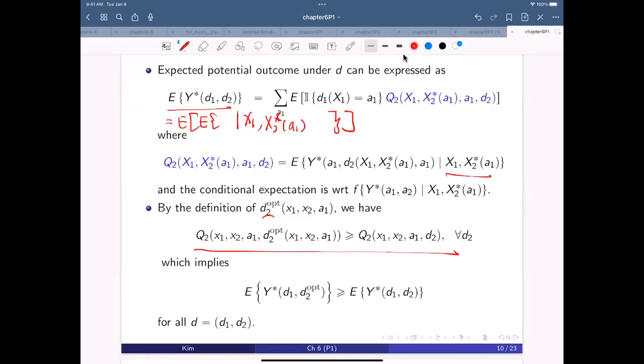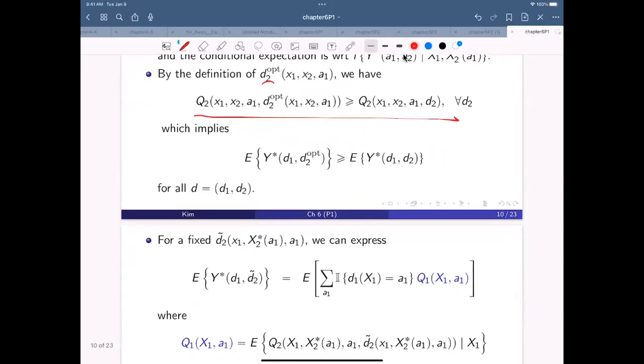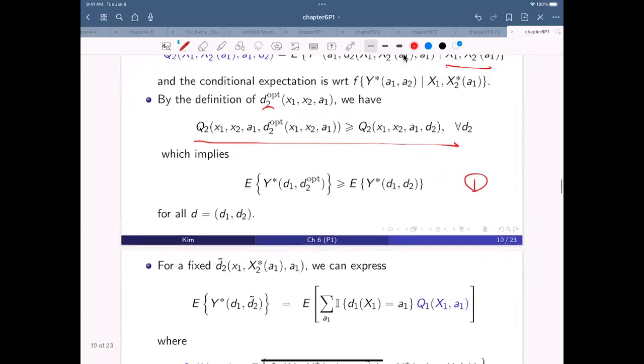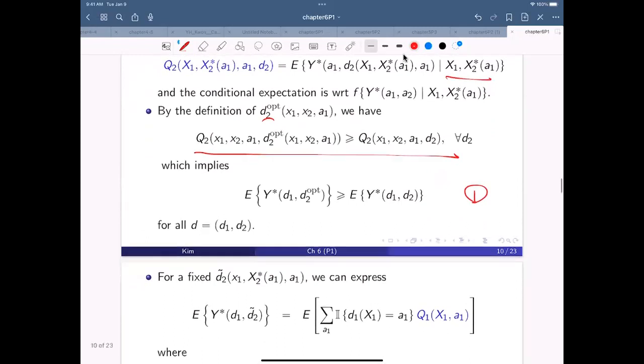Because this is an expectation. So that is one result. That is for all, right? So no matter what, this is the same, but we optimize only over D2, right?